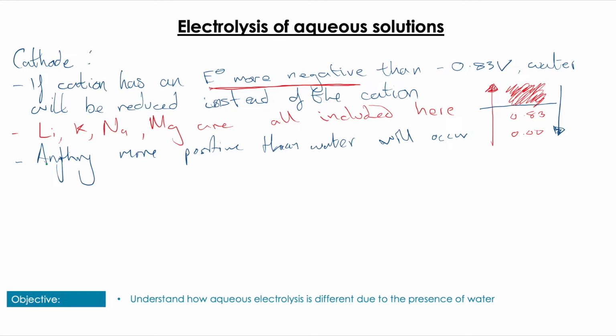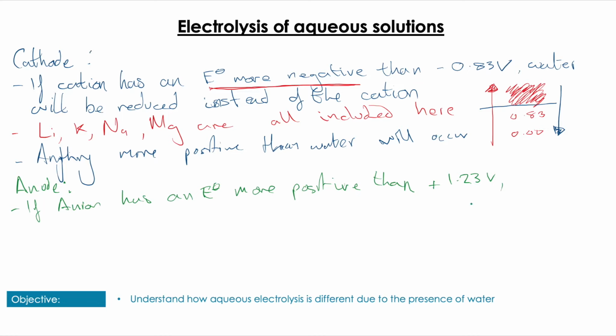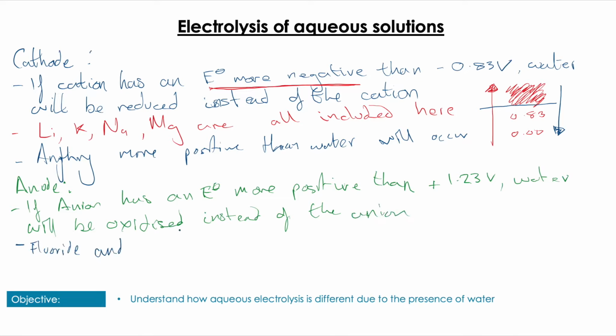Now at the anode, we're going to have to consider the oxidation reaction. So remember, the oxidation reaction is going to be the inverse of what's on your tables. So if the anion has a more positive E cell value than 1.23 volts, water will be oxidized instead of the anion. So this is things like fluoride and sulfate.